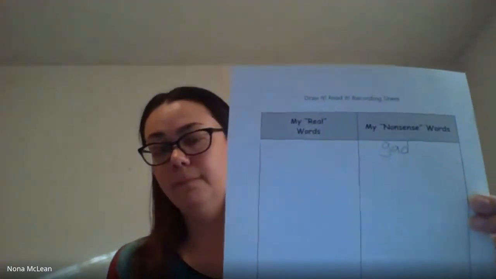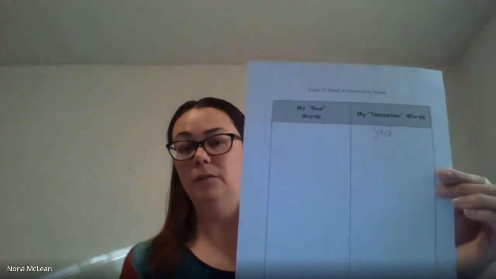My recording sheet is separated into two columns, my real words column and my nonsense words column. So I'm going to write the word gad in my nonsense column, because it's not a real word.